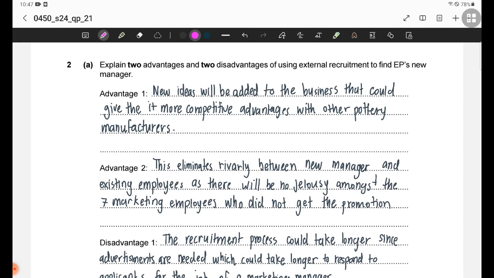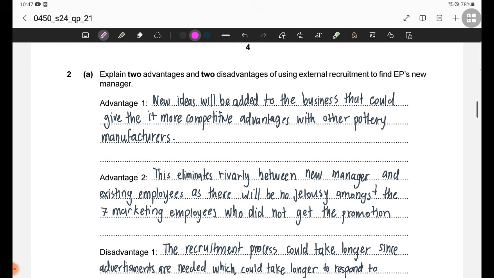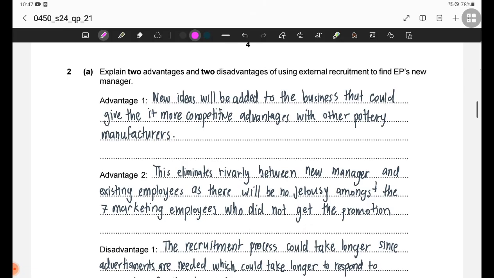Another one, which is another obvious one, as you can see, because they want a new marketing manager, not director, a new manager. Under that manager, there are 7 employees. If we recruit internally, it only makes sense that the assistant manager is going to take the spot.